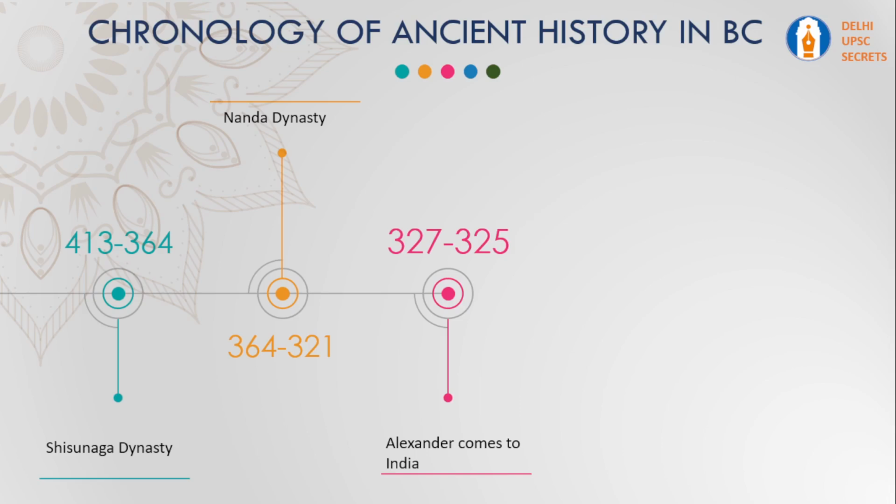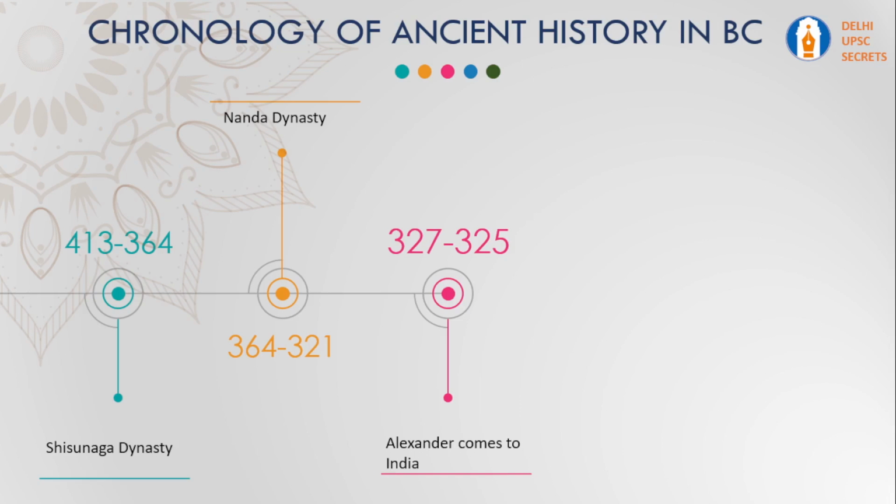Dhananand was actually instructed by Chanakya that Alexander's invasion is happening, and the Nanda dynasty must be very much aware of that.